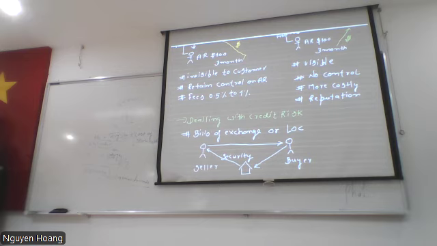Next one is similar things, but a little bit different. Guarantees. This is called bills of exchange. Next one is guarantee.